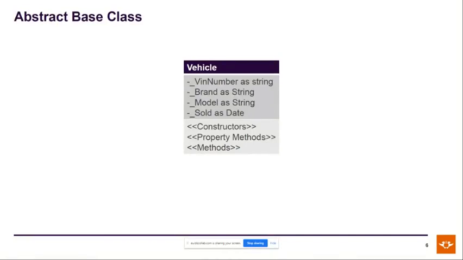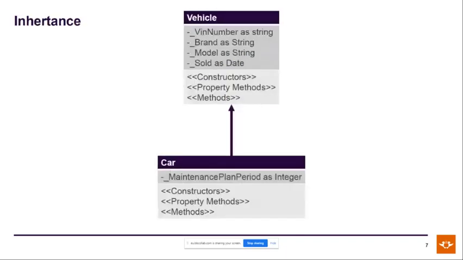But now, with the base class in mind, you can expand on that. You've got the base implementation. You've got the template of what you want to do going forward. But I do have a catch for you. So the car would inherit from vehicle. You've got the maintenance plan that's being added to a vehicle.